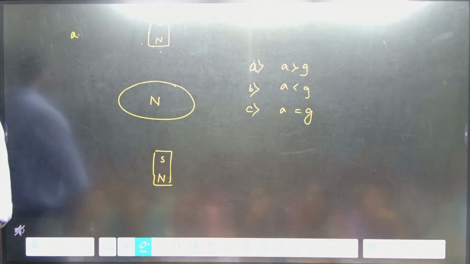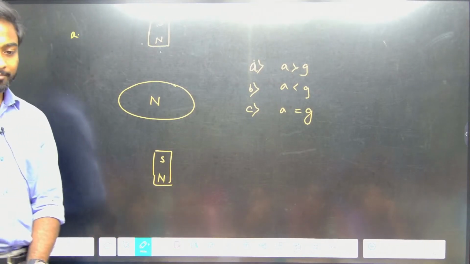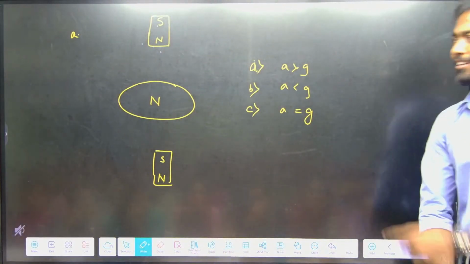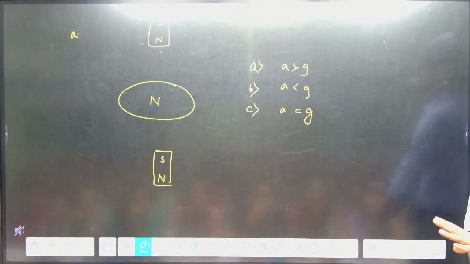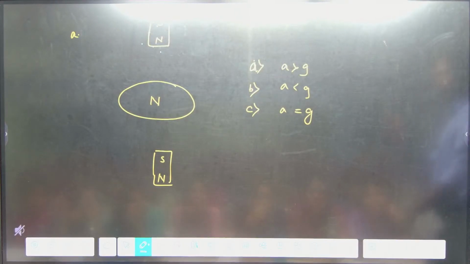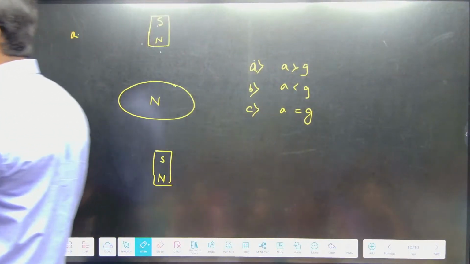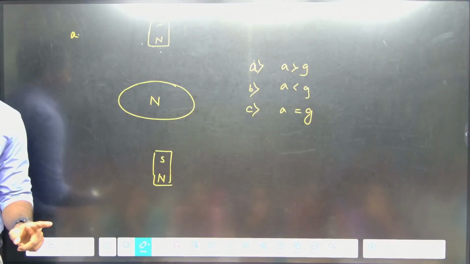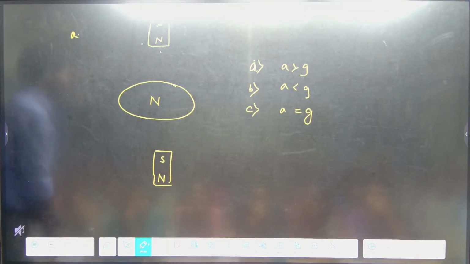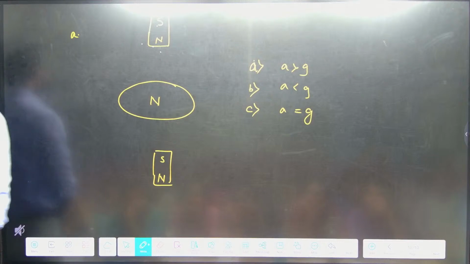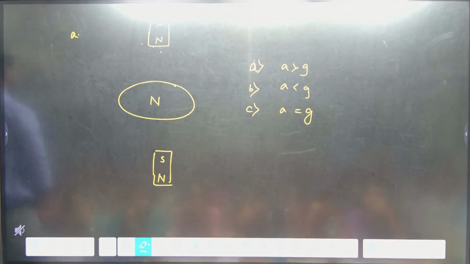Why? Acceleration. It's going with a constant acceleration, I told. Acceleration is constant. I am talking about only acceleration and gravity. I am not talking about velocity, displacement, those kinds of things. A is equal to g. Why?